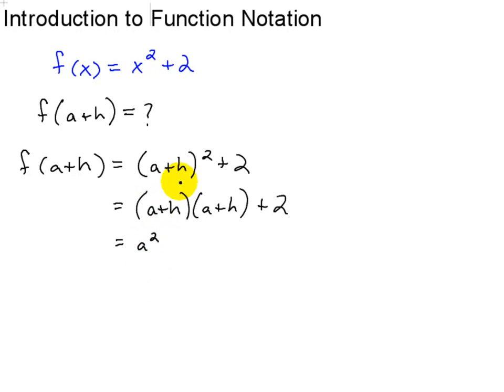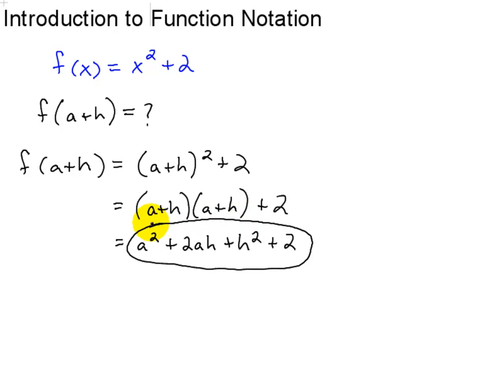Then I do the a times the h, which is ah, and then I do this a times h, which is another ah. That gives me 2ah. Finally, h times h is h squared, plus 2. So this is the output when a plus h is my input. So f of a plus h equals a squared plus 2ah plus h squared plus 2.